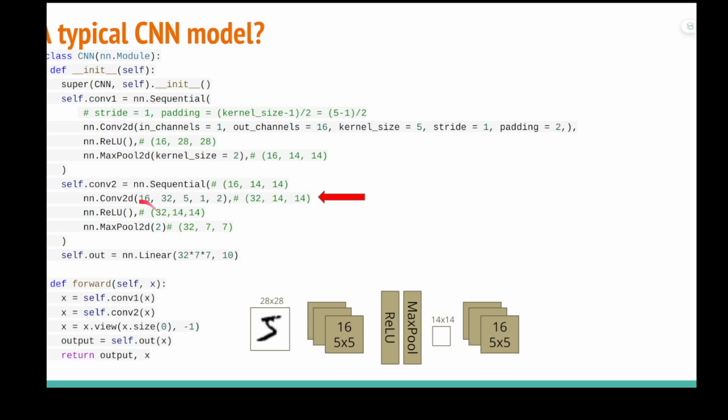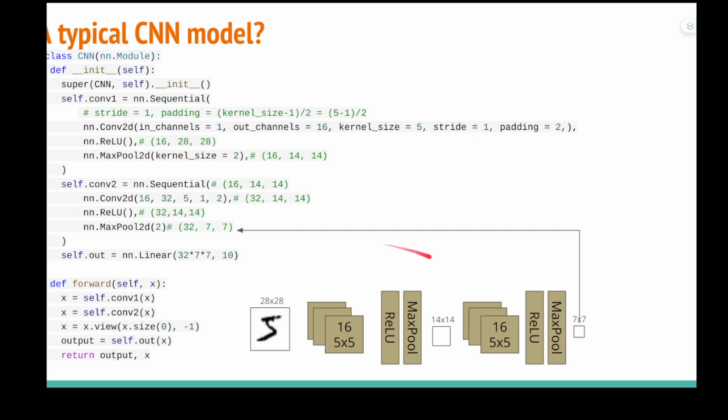And then we're using another, I'm sorry, this should be 32 here. We're using another 32 5x5 filters, and so we go through the ReLU and the max pooling function, and then here we get a 32 by 7 by 7 image, or the feature space features here, and then we flatten it by using the view function.